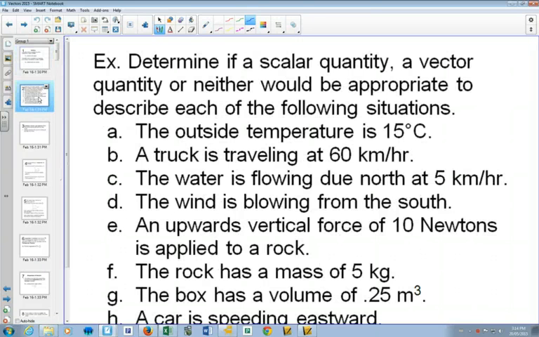So here we have a list. What we're going to start with, you are going to go through each of these and decide which ones are scalars, which ones are vectors, and which ones are neither for each of these.